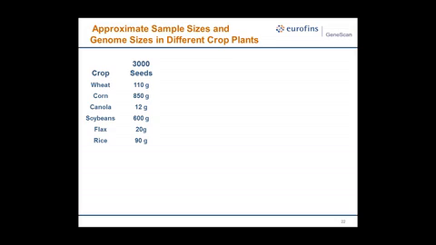So in corn, 3,000 seeds is about a kilogram, but for something like flax or canola, an awful lot less. So if you arbitrarily set your sampling size at 1 kilogram, because that's the perfect size for a corn sample, you end up testing way too many seeds for these other small crops.